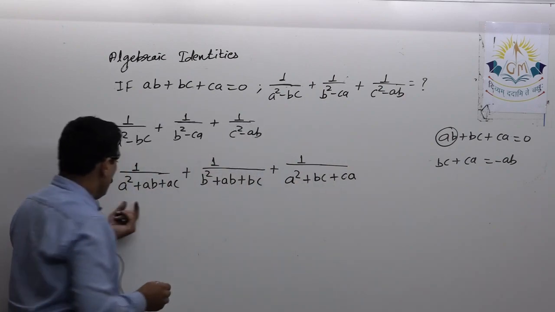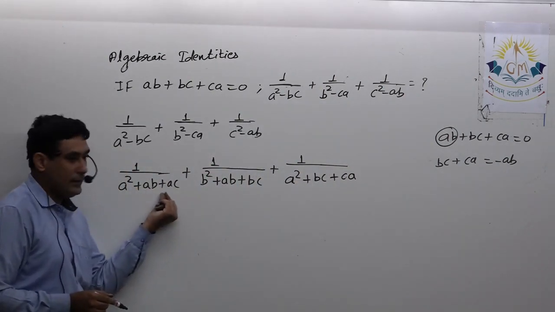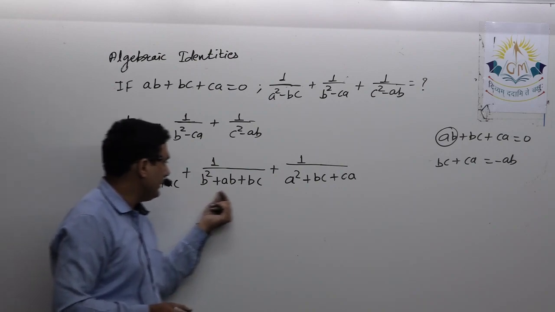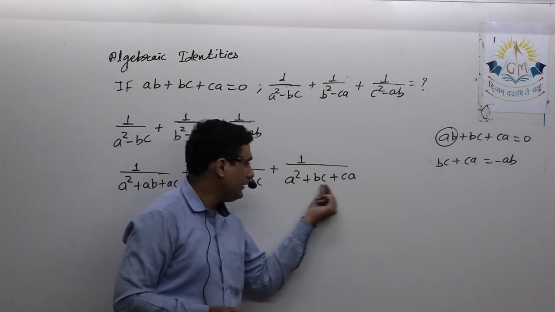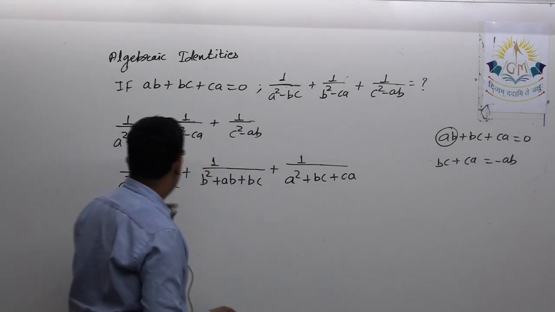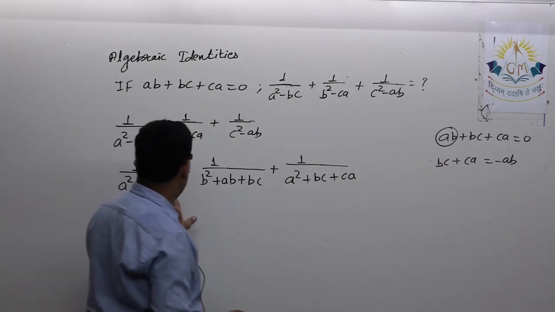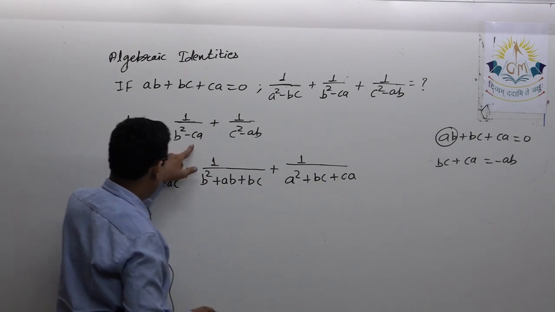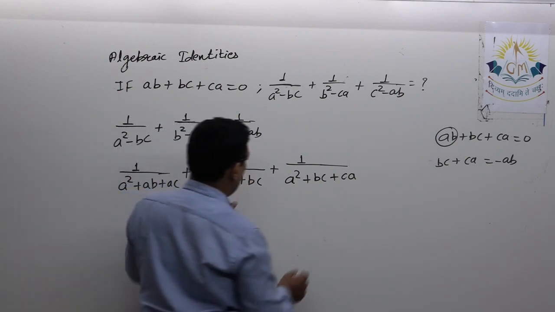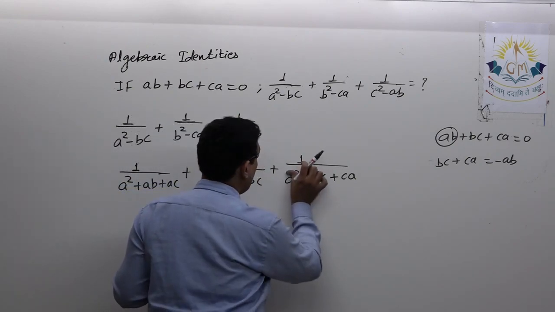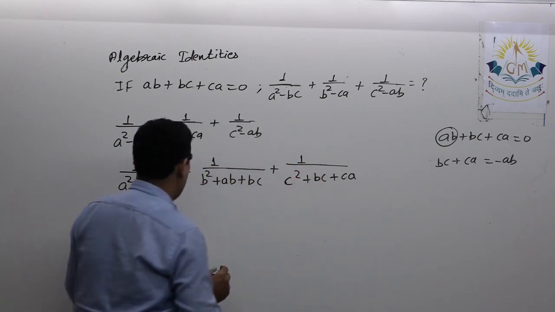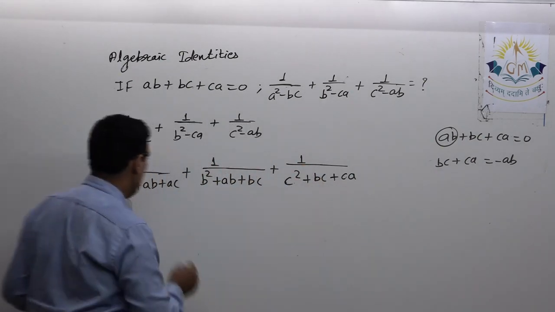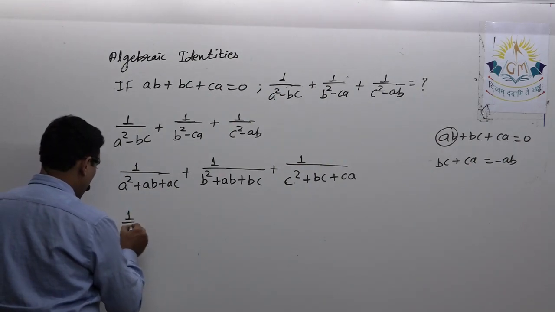Okay, now you can see here in these three terms I have A common, in these three terms I have B common, and here actually it is C square, so I have C common in these three. So I will take 1 upon A common.